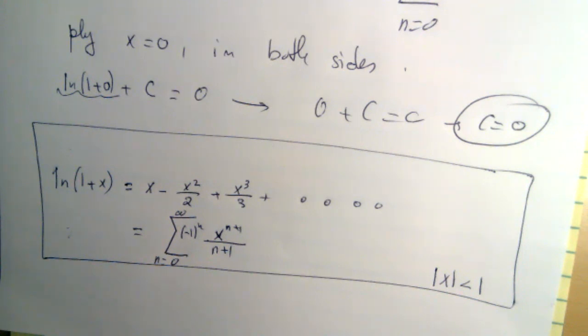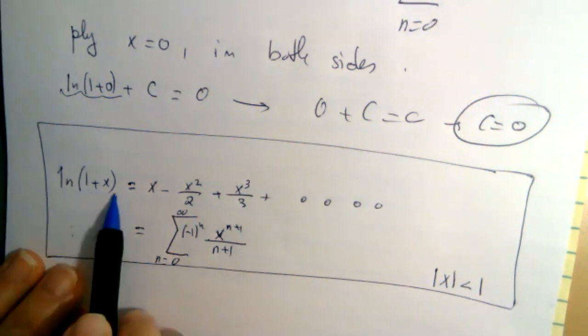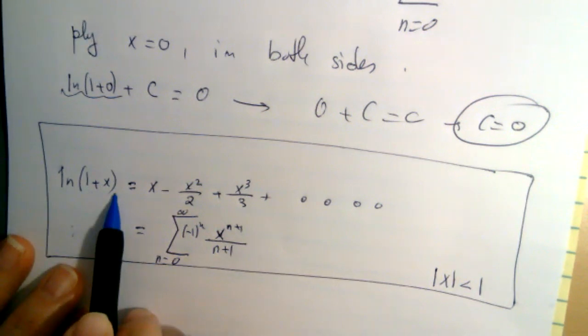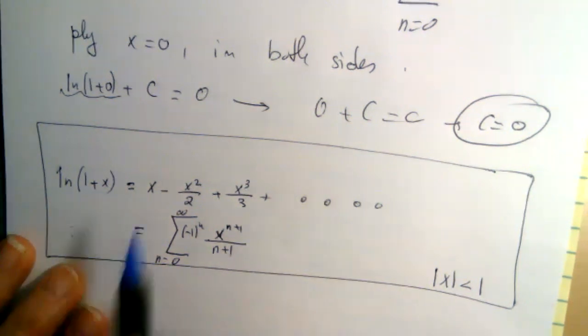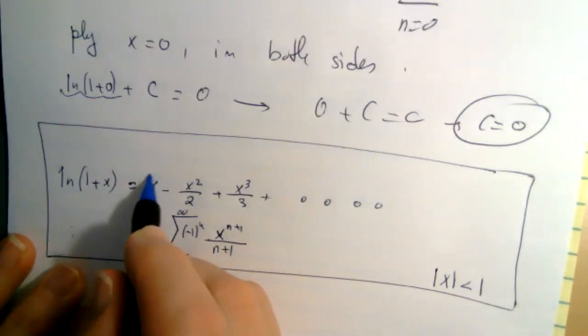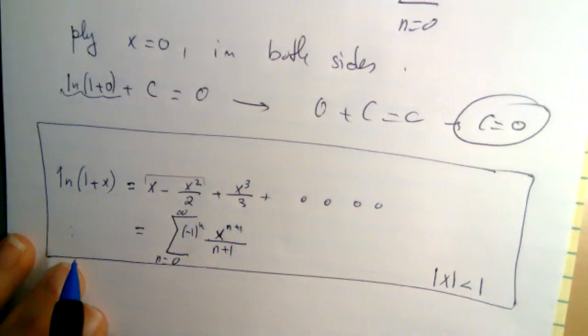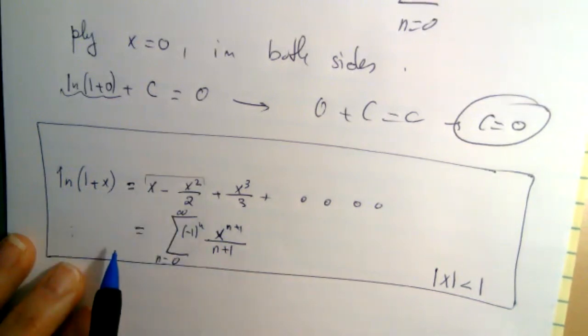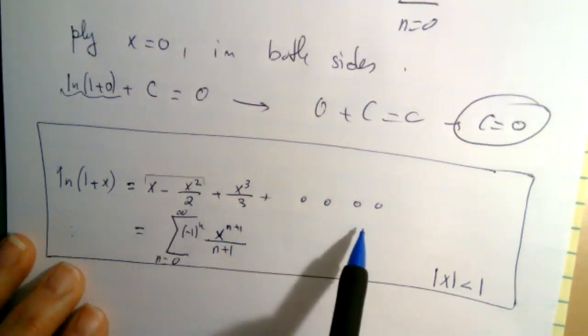So, of course, you say, okay, it's too much. Why are we going to use this? How is this helpful for us? What this tells me basically is that ln of 1 plus x is a highly complicated function, regardless of what I tell you. But this tells me that ln of 1 plus x, we can intuitively view it as a polynomial of infinite degree.